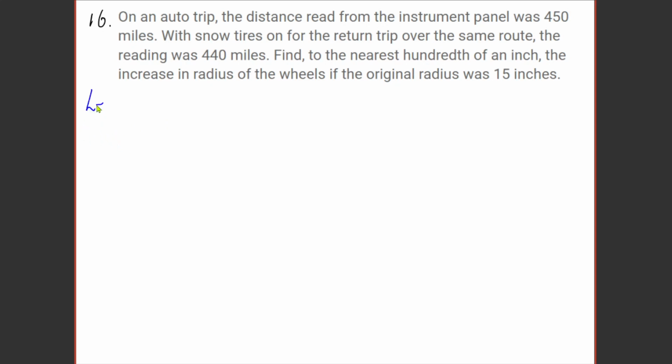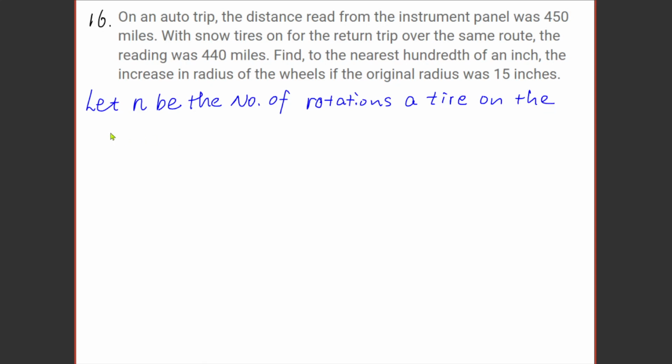and let c be the circumference, which means length around the outside of the tire.